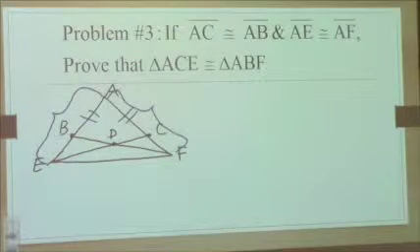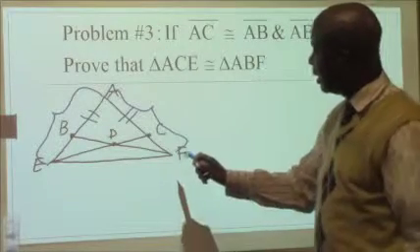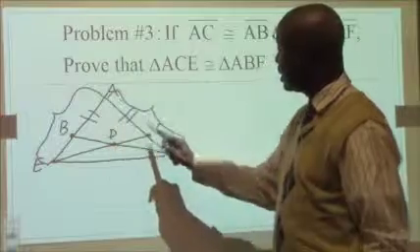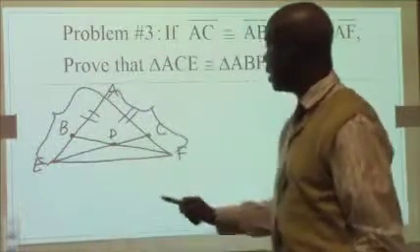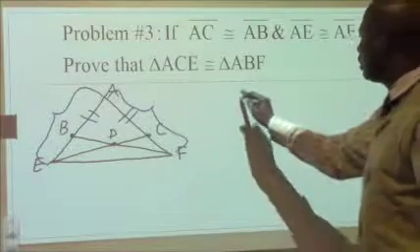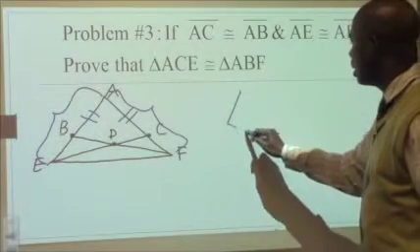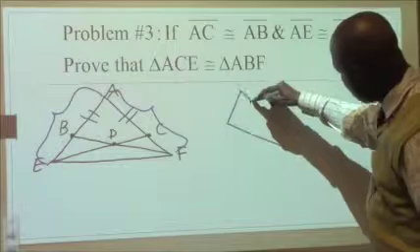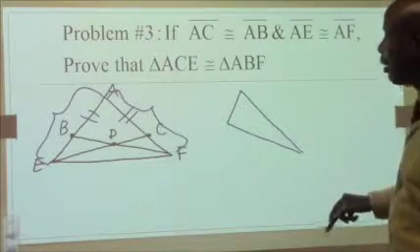To make this easy, I'm trying to prove that what? ACE is congruent to ABF. So I want to split this up so that you see it in a clearer way.